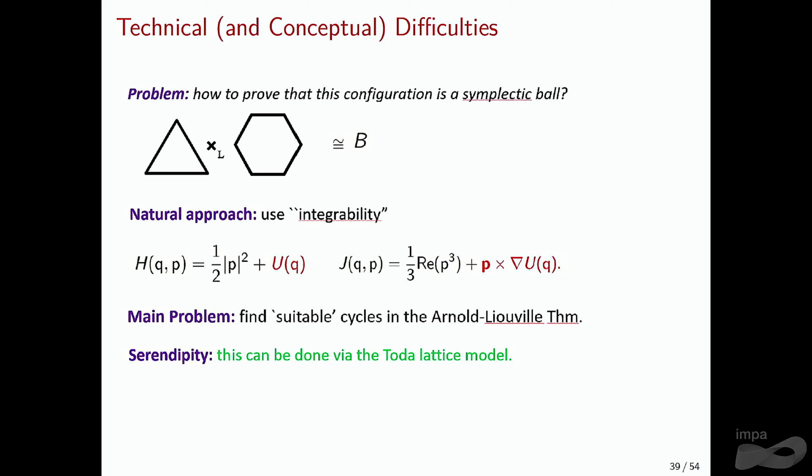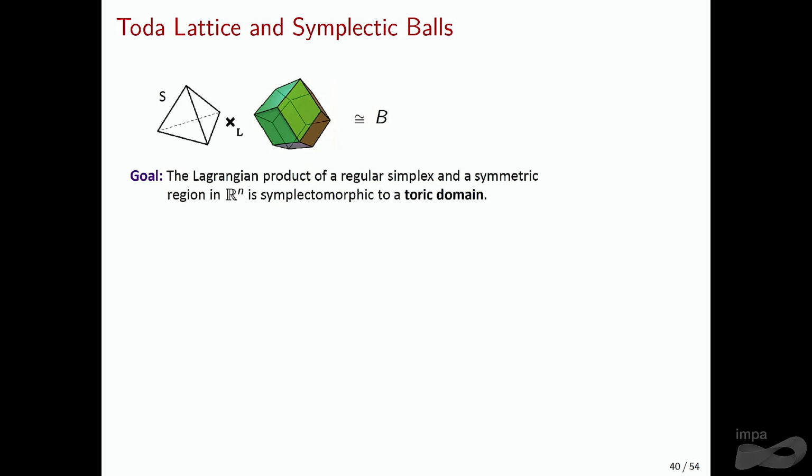And I want to explain a little bit more about this connection. So let me, again, go slightly back and be more precise about what's going on. The goal is to show that this Lagrangian product, regular simplex, and, OK, I wrote here symmetric region, but please ignore the symmetric region here and just think about the rhombic dodecahedron.